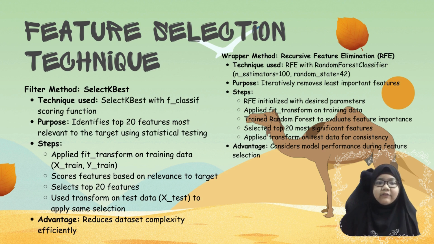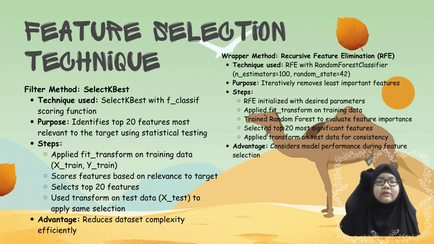Unlike filter methods, RFE uses a machine learning model to evaluate feature importance. In our case, we use a random forest classifier with 100 estimators and fixed random state for reproducibility. We told RFE to select the top 20 features. It trained the model, ranked the features by importance, and removed the least useful one by one.